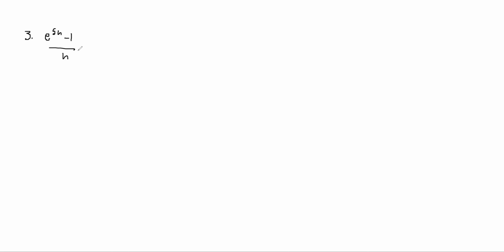The big thing is that we have a 0 in the denominator, and that's a big no-go. When we substitute h equals 0 in, we have a big fat 0 in the denominator, which is not okay.